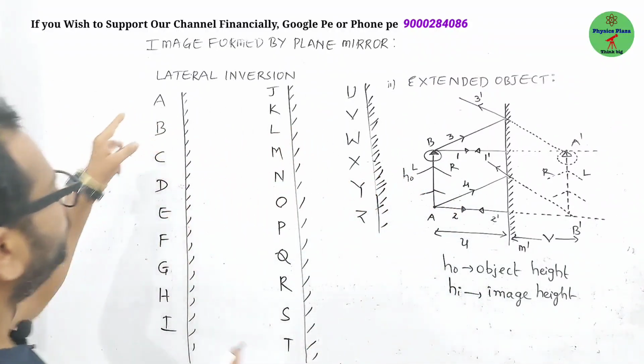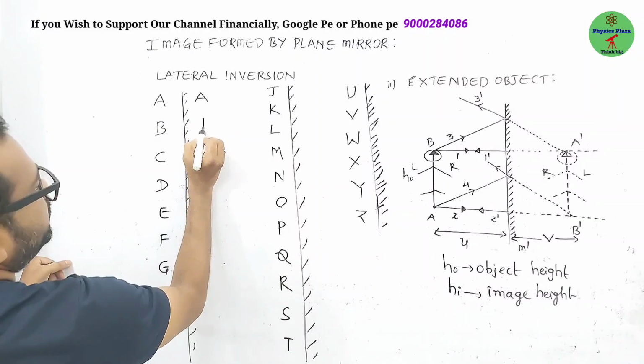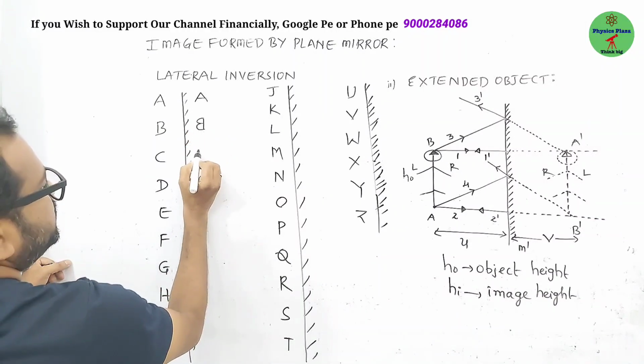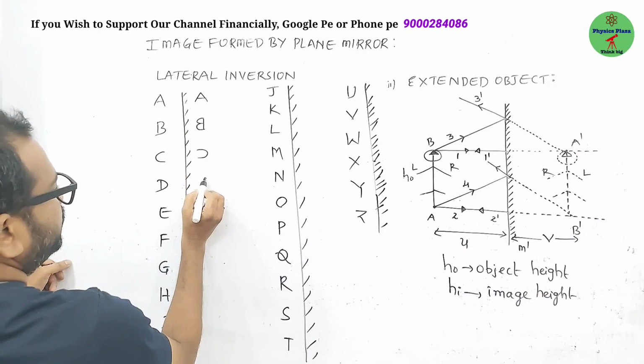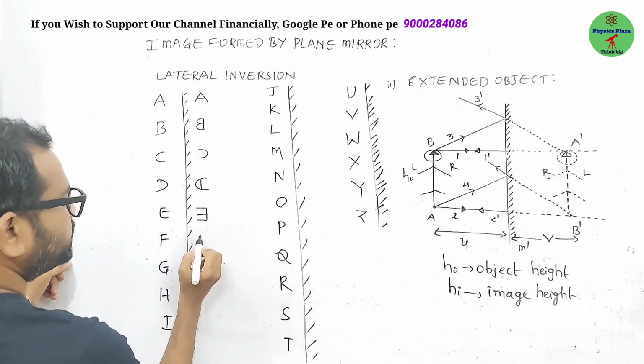Look at it, children. A appears like A only behind the mirror. But B appears reversed. C appears like this. D appears like this. E appears like this.